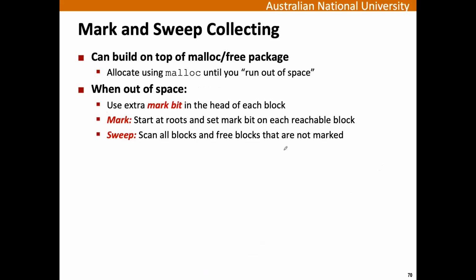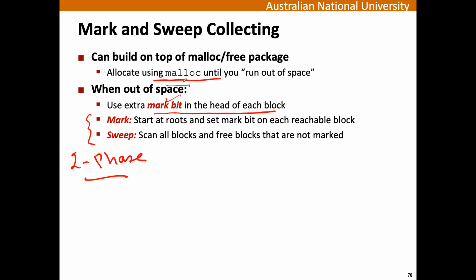So in mark sweep, we use an extra mark bit in the header of each block. Just like the allocated bit, we now use a mark bit. It's a two-phase algorithm. Now we're talking about the mark sweep collector. We can build this on top of malloc. Once again, when you build a garbage collector for C, you have a conservative garbage collector.